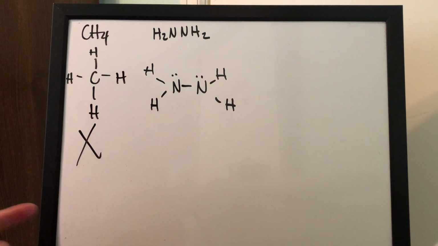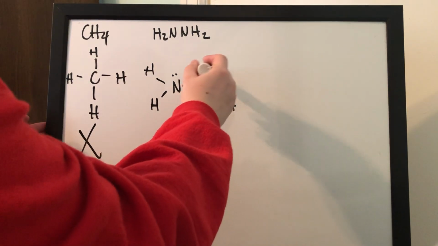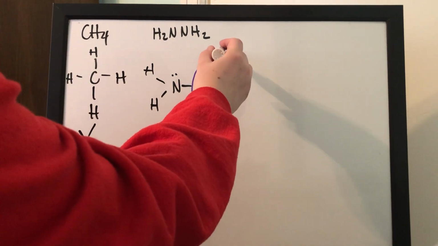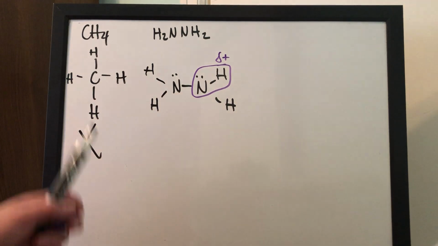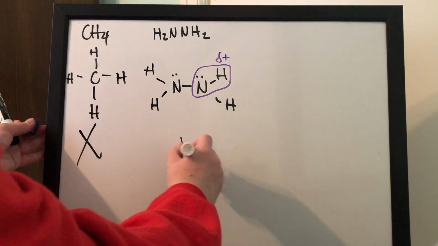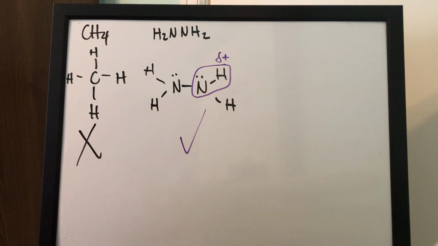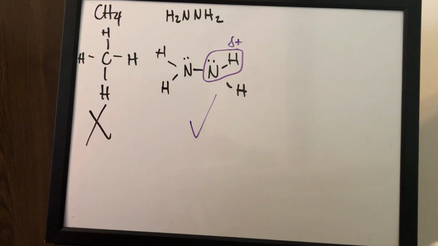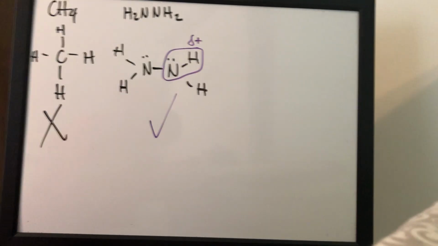And you'd be right. I almost goofed. Because, of course, I have an H on an N in this case, which is one of my 3. I'm going to make this a very partially positive H, which then would be attracted to the lone pair on the nitrogen. So, yes, this one is capable of hydrogen bonding. Oh, gosh. So sorry. Hold on. Okay.